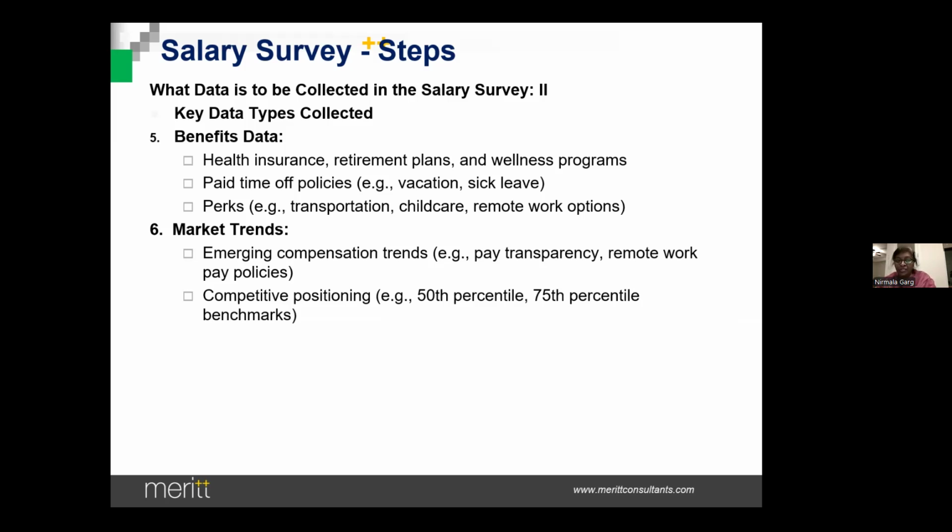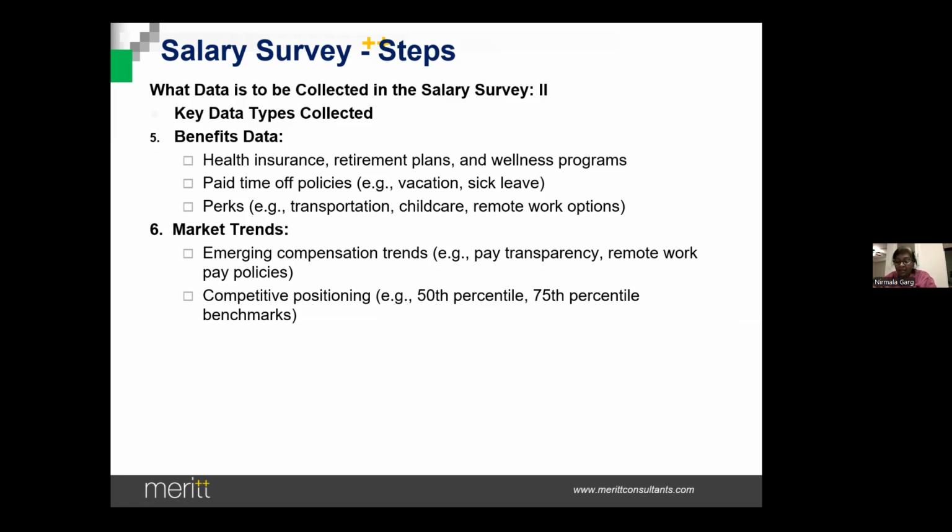First and foremost, look at the 50th percentile. Then depending on your own compensation policy, because not all positions you want to lead at 75th, 90th. You may have some at 50th, some at 75th, some at 90th, depending on your own compensation philosophy and pay policy. You could do that.